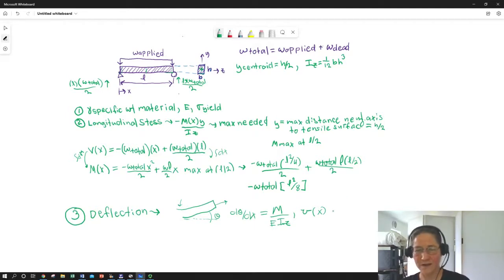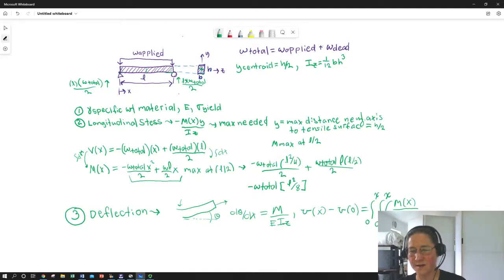So our deflection at any point is going to be our deflection at 0, plus a double integral. We're going to integrate once to get our angle theta, integrate again to get our deflection. So we'll need our x-dependent moment expression, over EI.